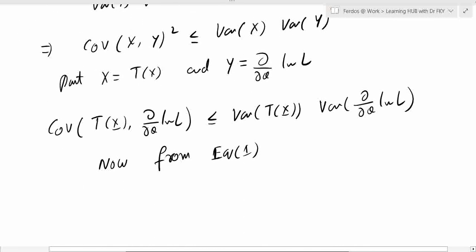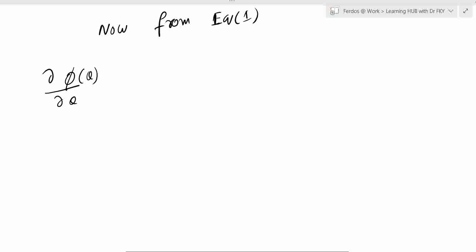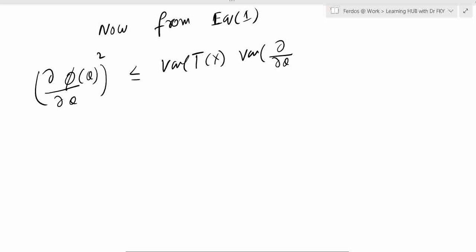From equation 1 we know that the partial derivative of this thing with respect to theta, and remember this is squared because that quantity is squared, is less than or equal to variance of t of x and variance of this quantity. Now you can see that you can find the variance of t of x simply.